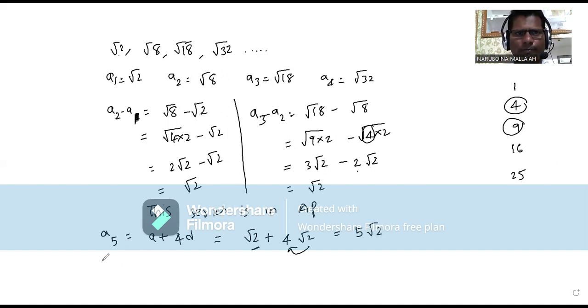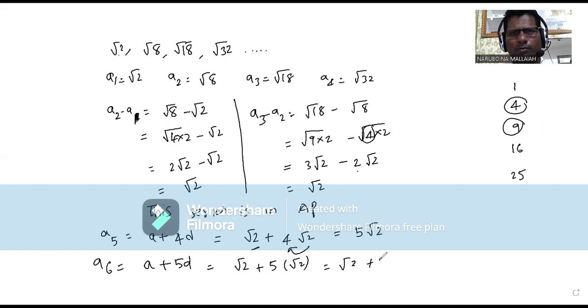So A5 is 5 root 2. Next, A6, the sixth term, is written as A plus 5D. A is root 2 plus 5 into D, which is root 2, so 5 root 2. Here 5 root 2s, here 1, so totally we have 6 root 2s.